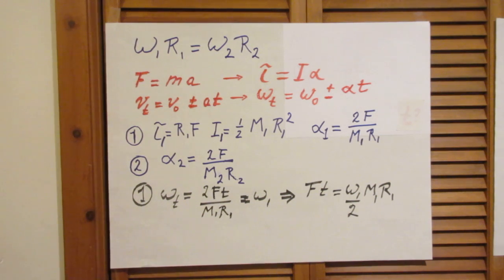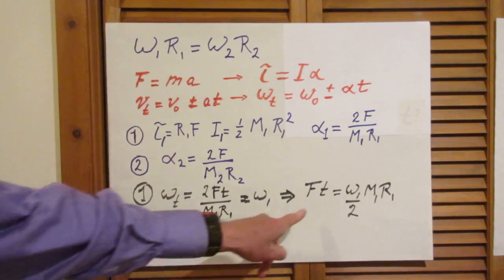Well, that's the wonderful thing about this problem. You will see very shortly that I can eliminate capital F times t. And what that means, if I can eliminate it, is that the final state, which I call equilibrium state, omega 1 and omega 2, are completely independent of the force that I, Walter Lewin, apply. If I use a strong force, I push them together with a strong force, well, then it won't take very long.